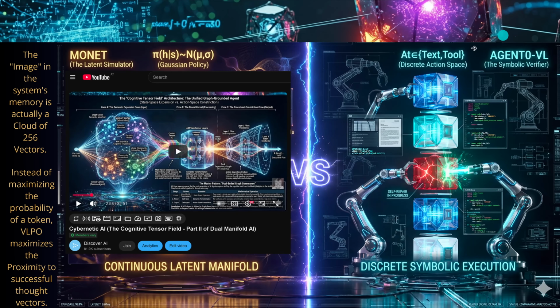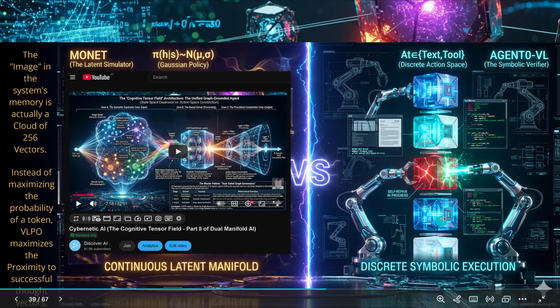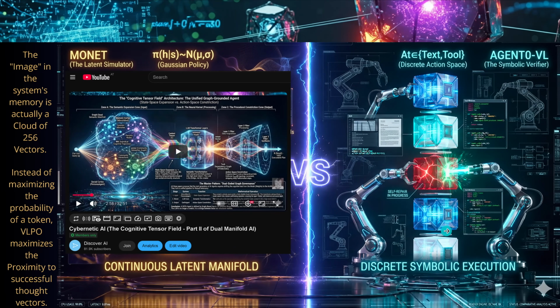Now we're talking about the Agent0-VL language here on the right side of your screen. Here we have a discrete symbolic execution. This is so easy, I hardly have to explain it. Let's say from the bottom we have a little piece of information, beautiful, and it is analyzed. You see a Python algorithm analyzing it for particular parameters to see if it is working. If the analysis comes back and says there is a mistake, it automatically stores a self-repair process.